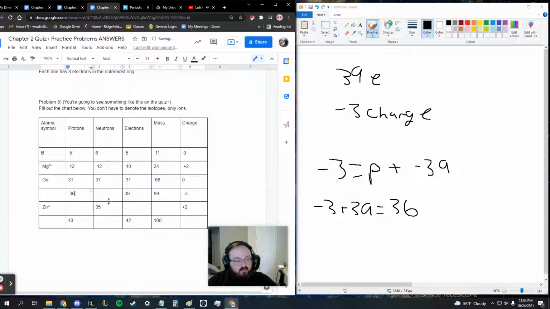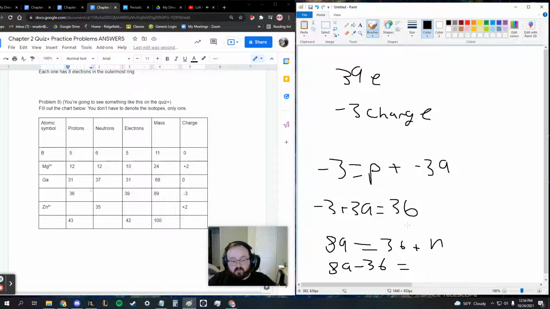We have 36 protons. From here, our mass, 89, equals 36 plus our neutrons. So 89 minus 36, and you will have a calculator for your test. I'm not going to make you do this kind of mental math, or write it out. You can do this on a calculator, but this will give you 53 neutrons.